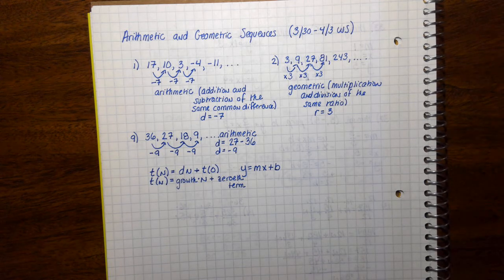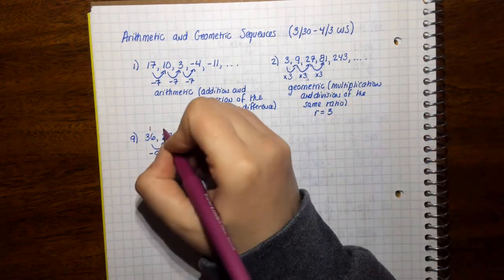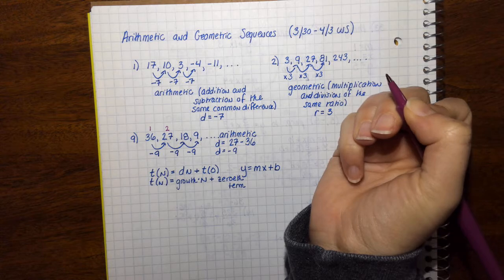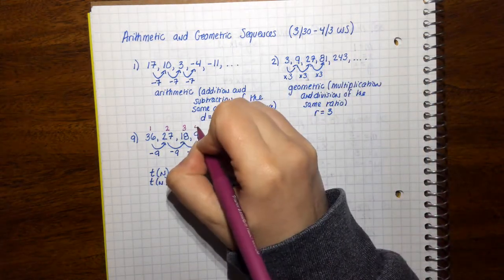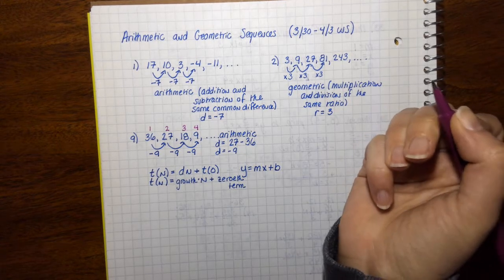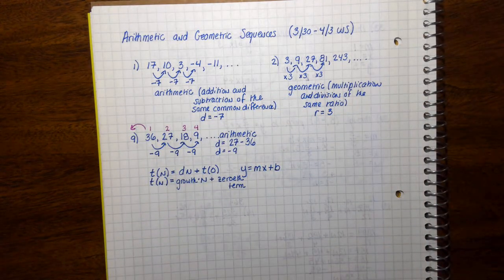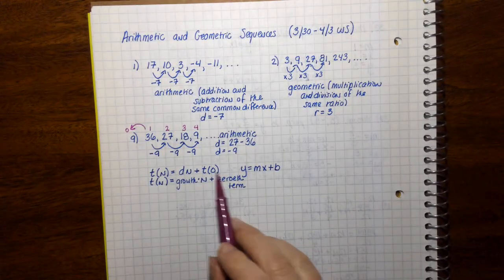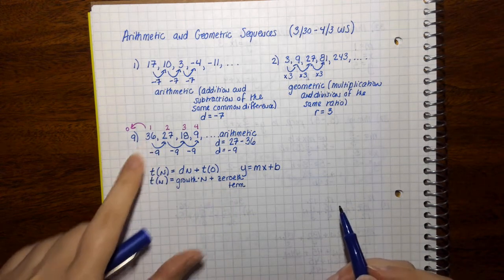Number 36 is the first number in the sequence. 27 is the second number in the sequence. 18 is the third number, and 9 is the fourth number. Okay, what we need to do is go backwards 1 to find the 0th number, and that will be what we plug in here.